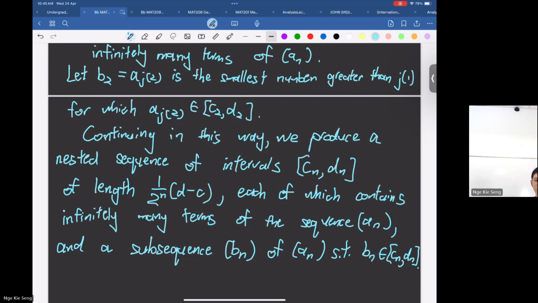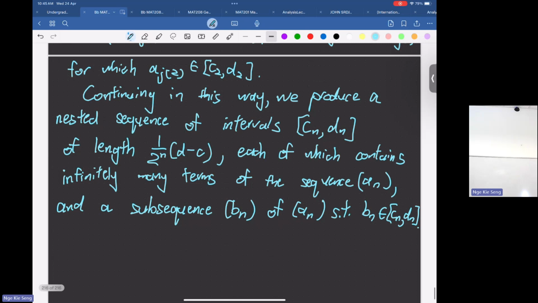Make sense? Okay. So now we have nested intervals, closed bounded intervals that converge to 0. We can use the nested interval theorem. So what does the nested interval theorem say?